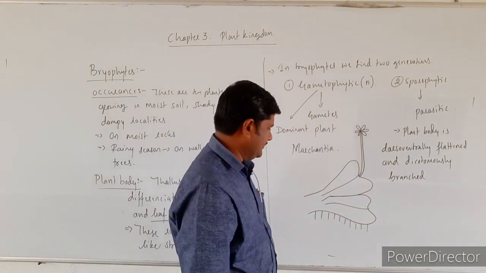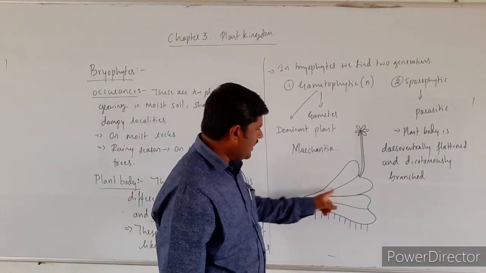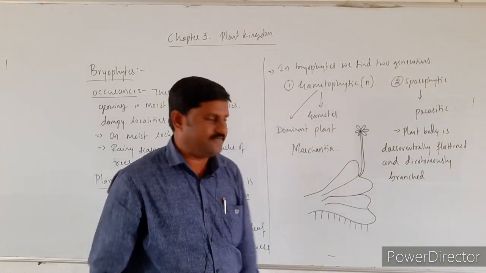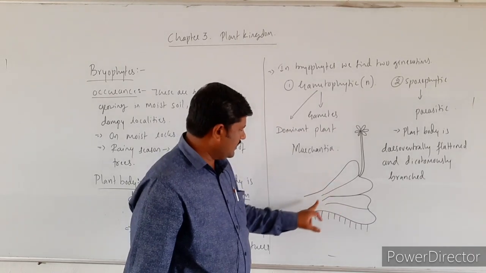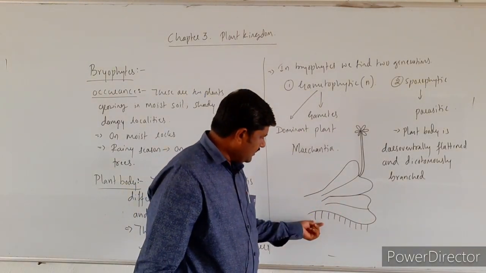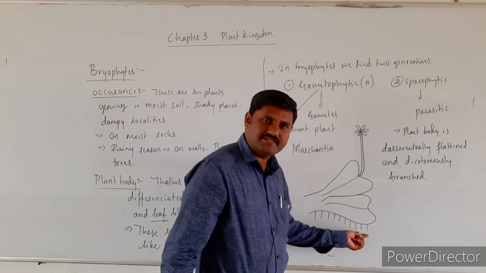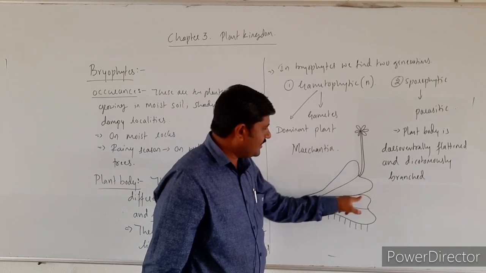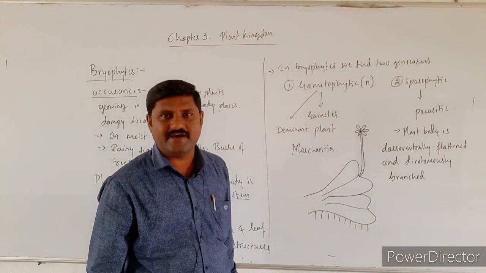Externally it looks like this. Okay. So when you observe the plant body, at that moment you will find a stem like structure, and these are the root like structures, and here a flattened leaf like structure you will find.